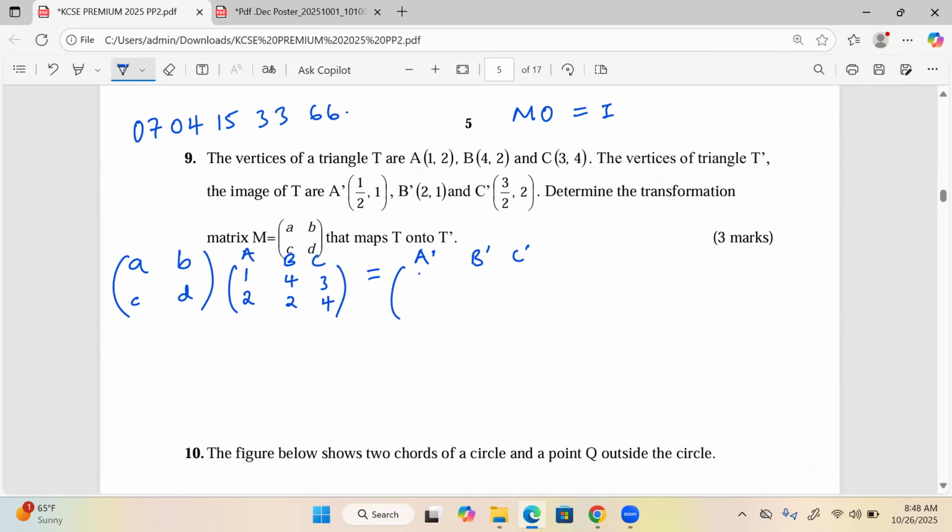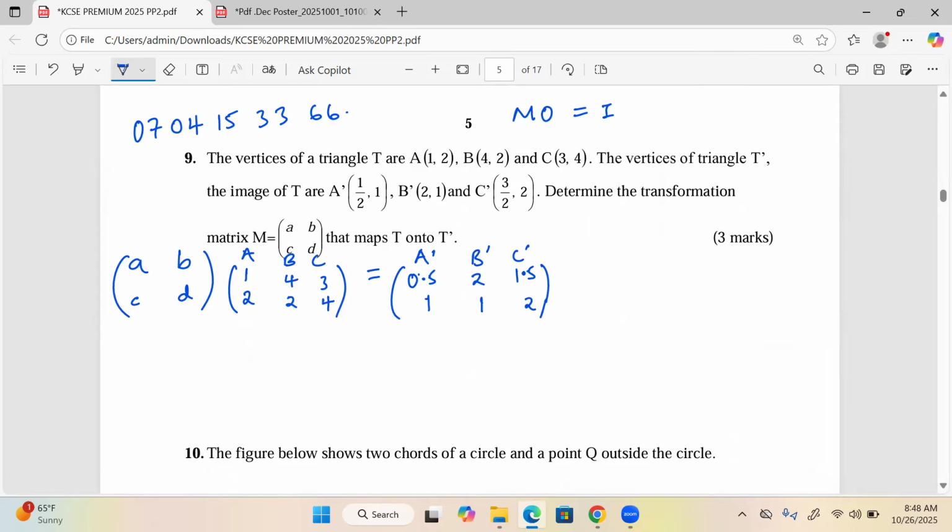This is, let me use it as 0.5, 1, 2, 1, 1.5 instead of 3/2, 2, like that.